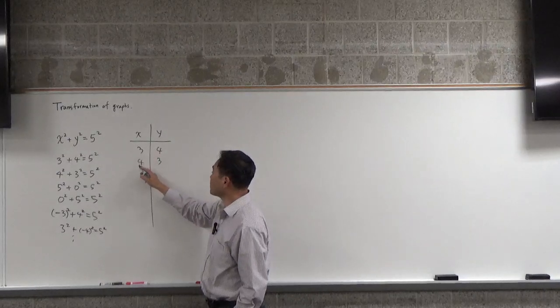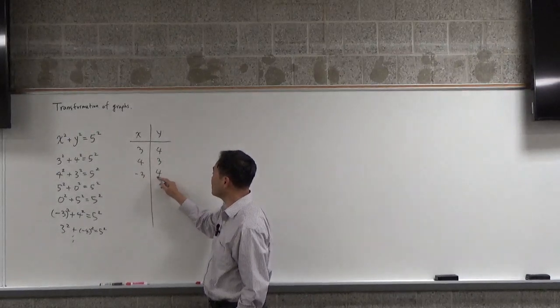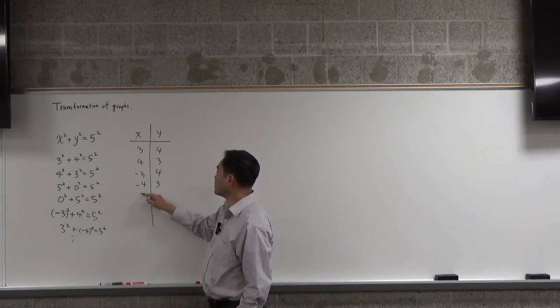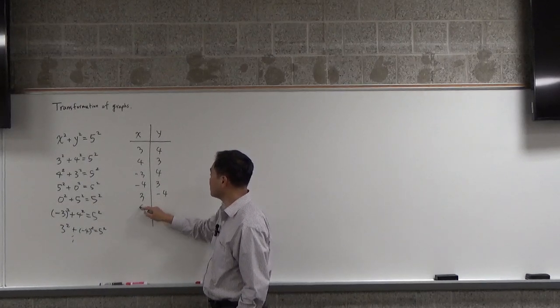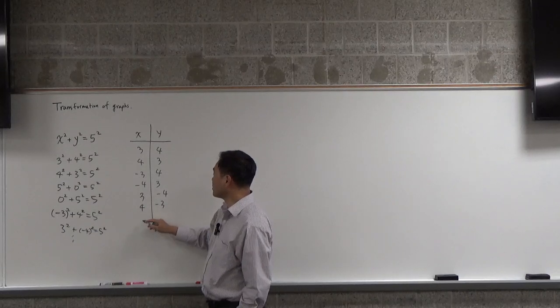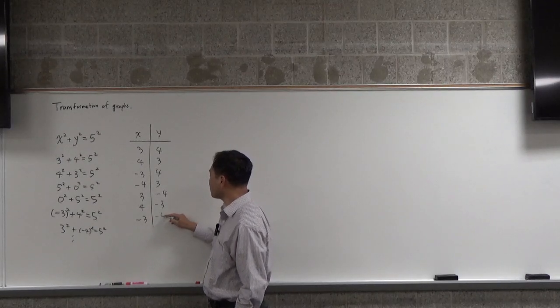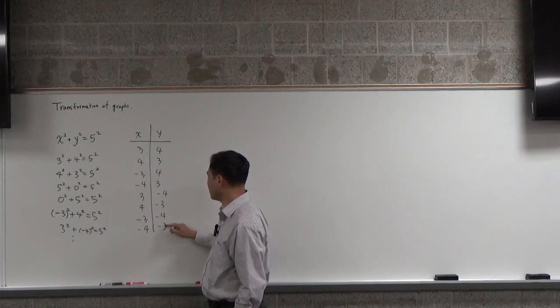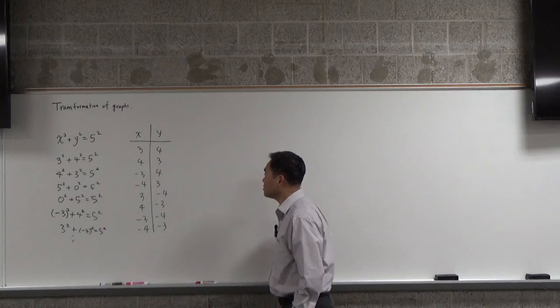So for example, you can have x as negative, or instead have y as the negative, or you can also have both x and y as negative. So these are all possible.